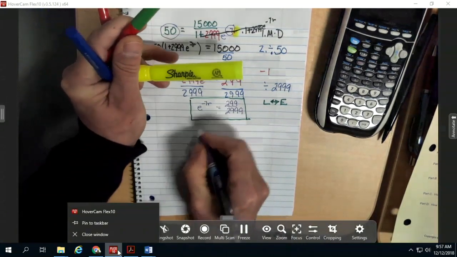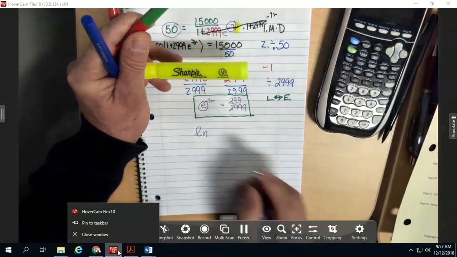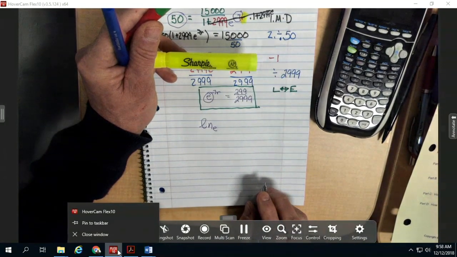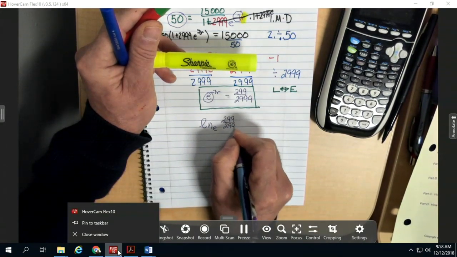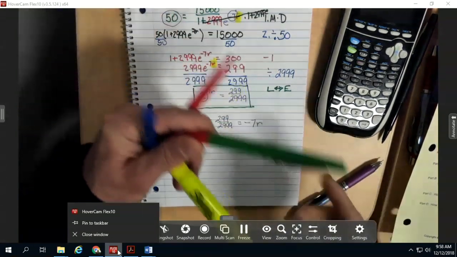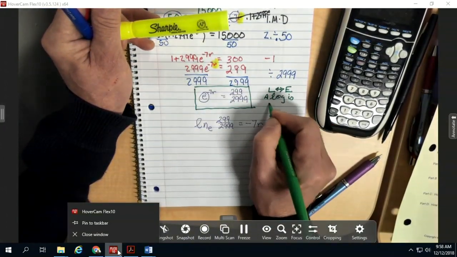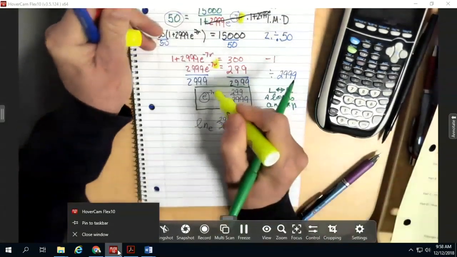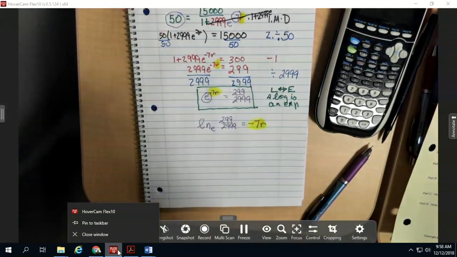It said if you take, in this case, the base is e, so we can take ln, because ln has a base e. 299 over 299 will equal negative 7r, because a log is an exponent.